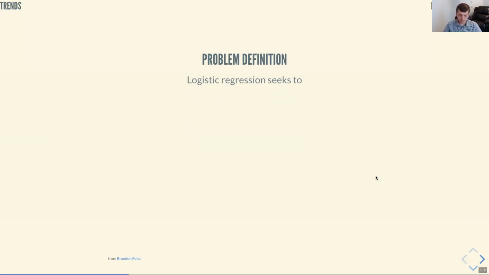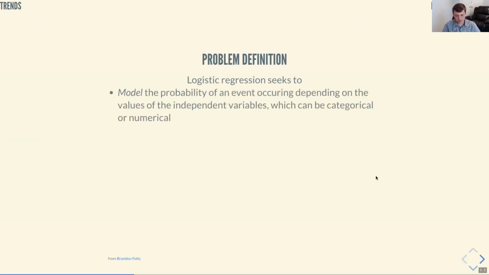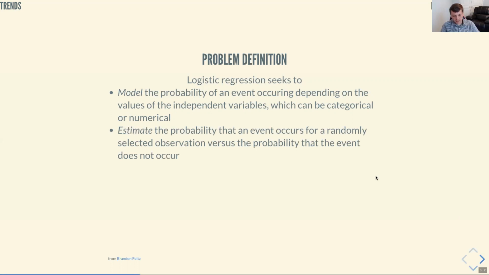Logistic regression seeks to model the probability of an event occurring depending on the values of the independent variables, which can be categorical or numerical. Mouthful. What logistic regression seeks to estimate is the probability that an event occurs for a randomly selected observation versus the probability that the event doesn't occur.